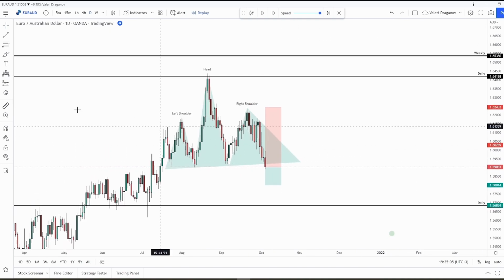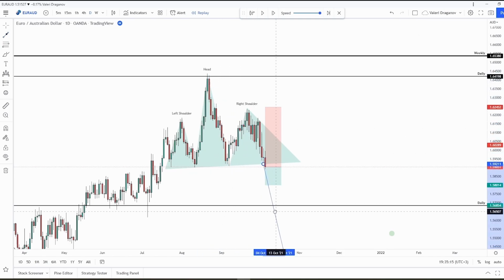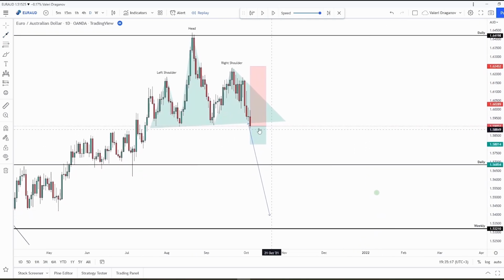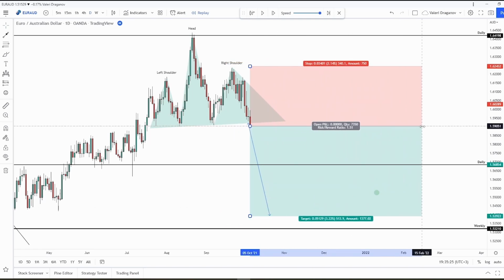For the take profit, we're gonna measure the distance from the highest part of the head down to the neckline and apply it from the breakthrough downwards. Not from where the candle closes, but from the breakthrough. We can see this is going to be our take profit.